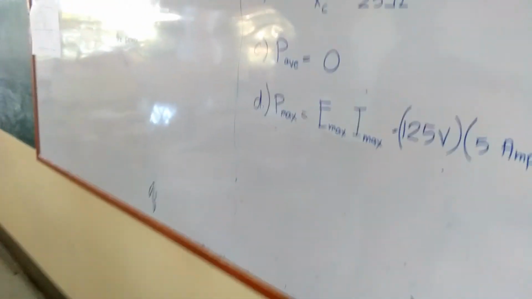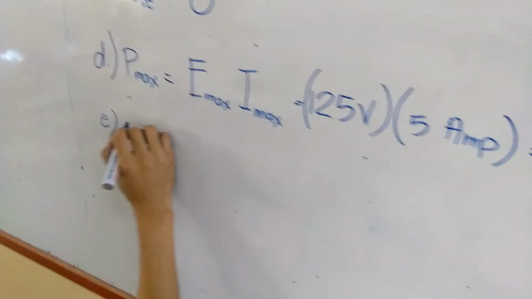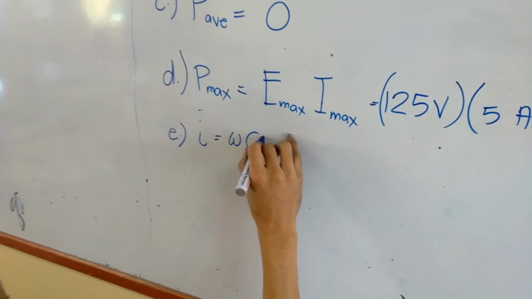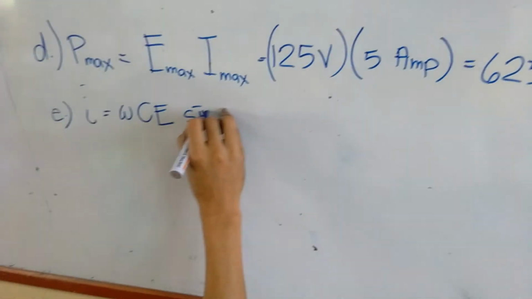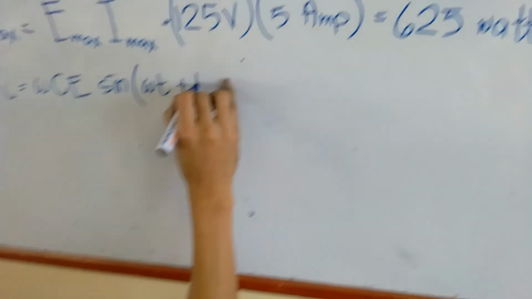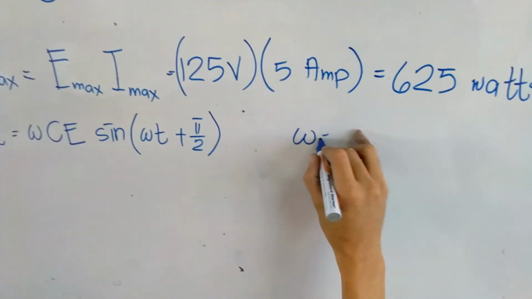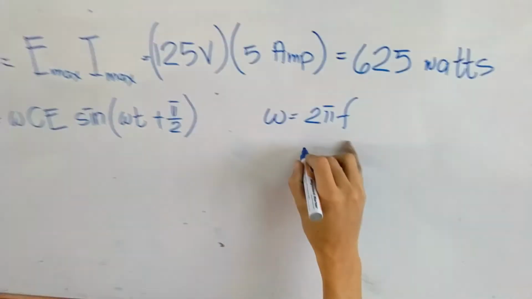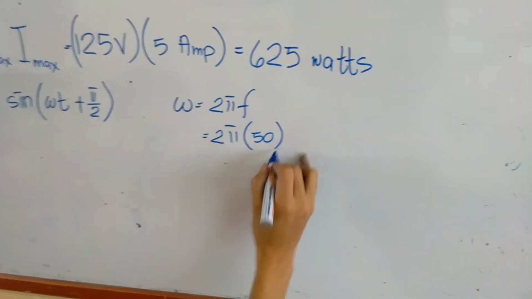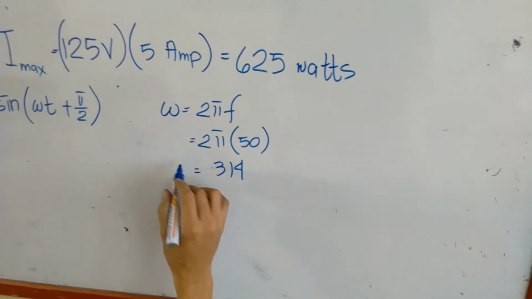Solving for letter E, the current. Since the sinusoidal current is equal to omega C times E sine of omega t plus pi over 2. Now, solving for the omega, which is equal to 2 pi f, so 2 pi times the frequency, which is 50 cycle, it will give us a value of 314.